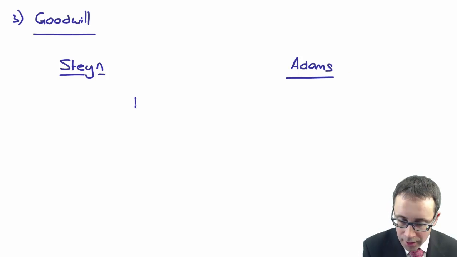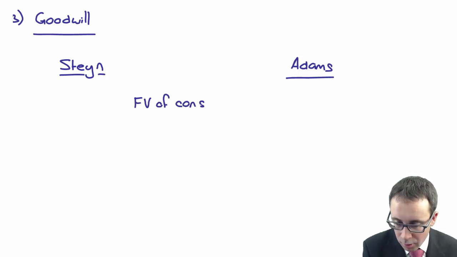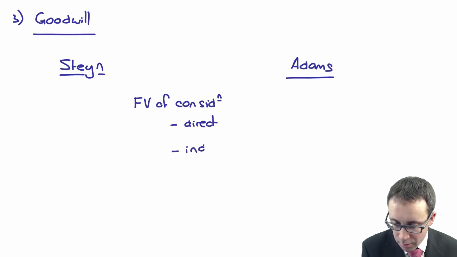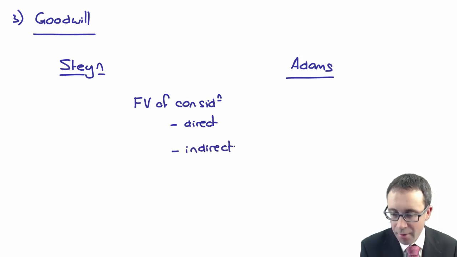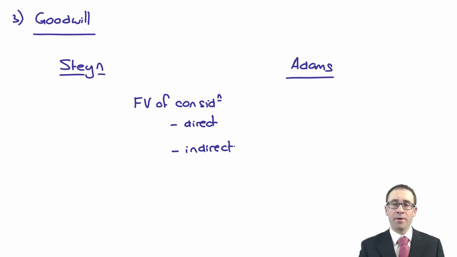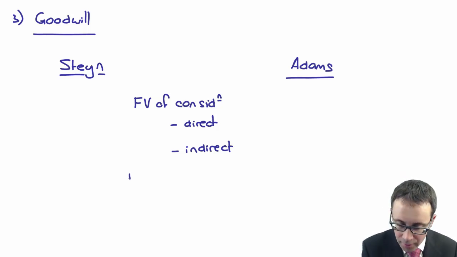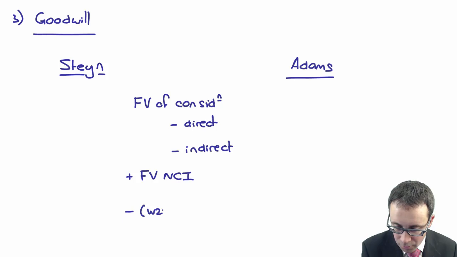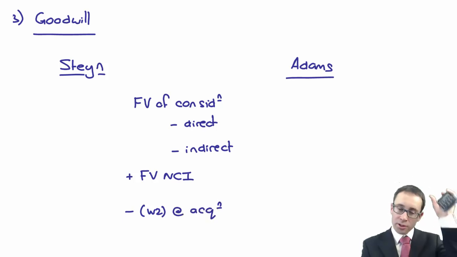Now remember, when you're looking at the fair value of the consideration, don't forget that in Adams we've got the direct and then the indirect element. So that's where you just need to be a bit careful. Don't forget, we need to add on the fair value of the non-controlling interest. And then we need to deduct the net assets at the date of acquisition.